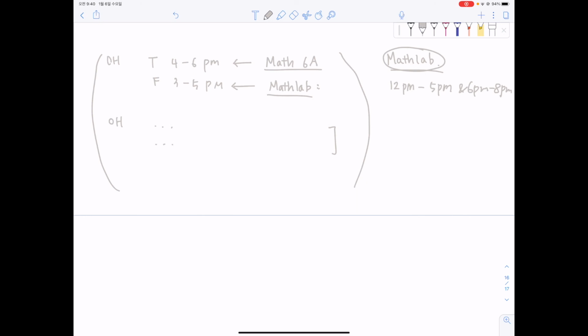So you can use this math lab Monday to Friday. So there are many resources where you can ask questions. So please use these office hours, okay?